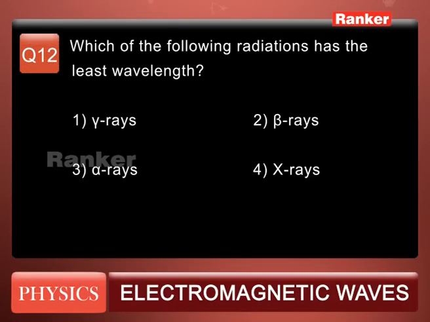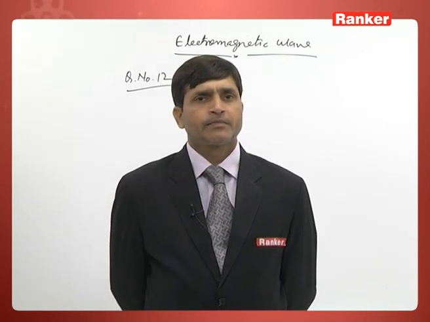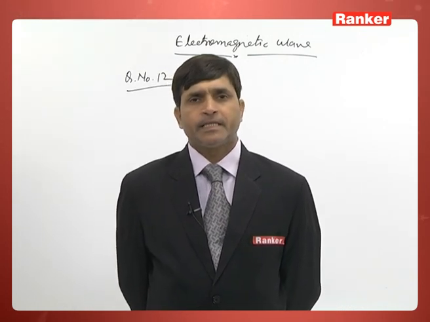Question number 12. Which of the following radiations has the least wavelength? The first is gamma rays, second is beta rays, third is alpha rays, and the fourth is X rays. The wavelength is associated with the energy of radiations.